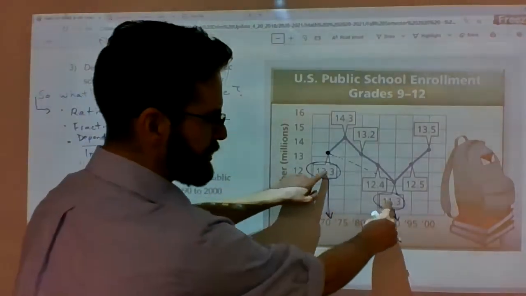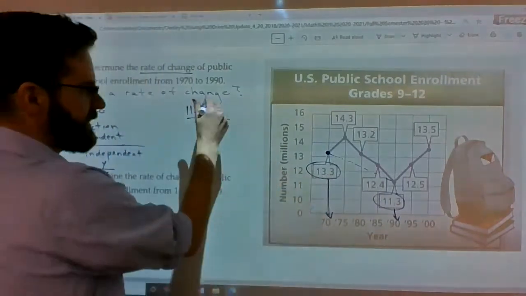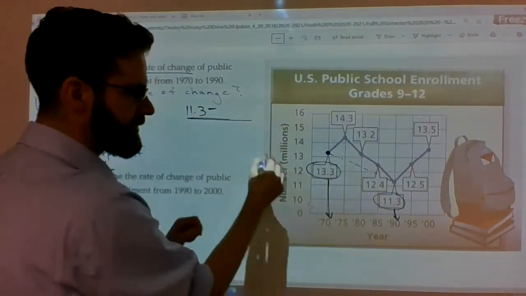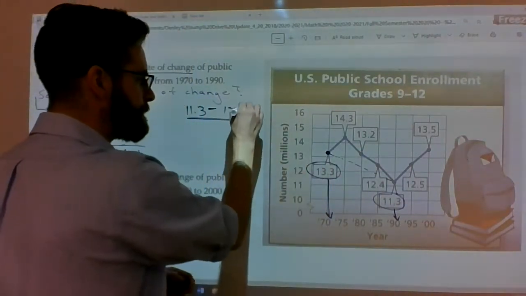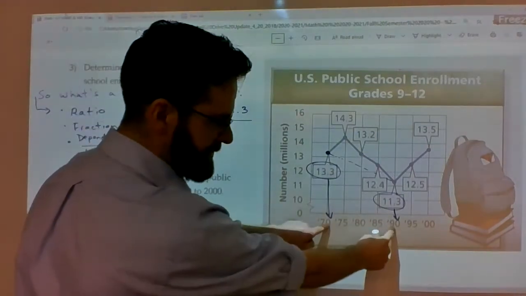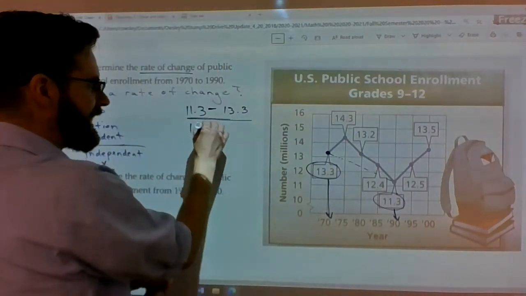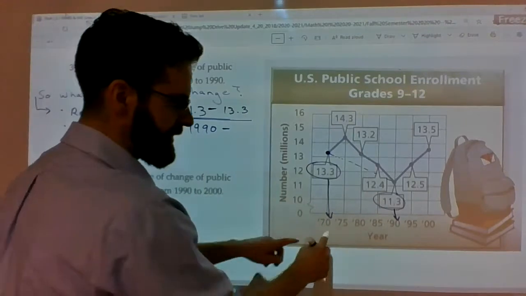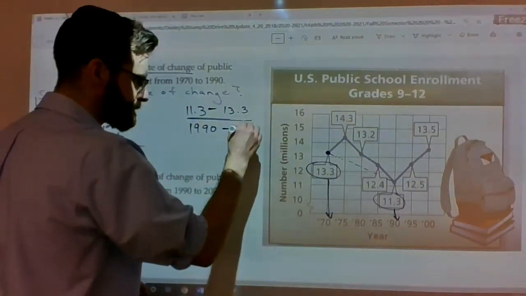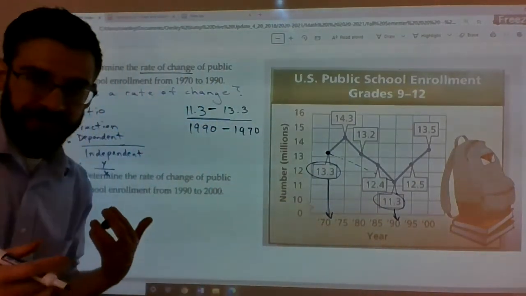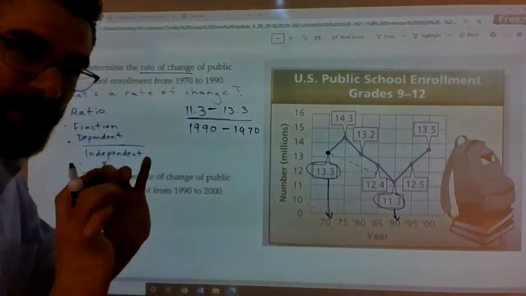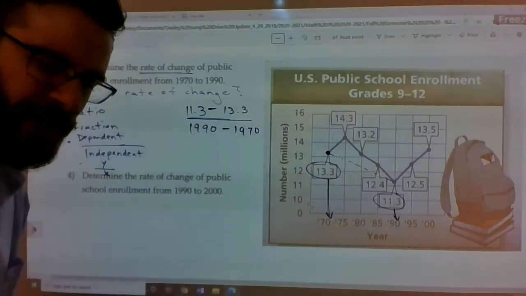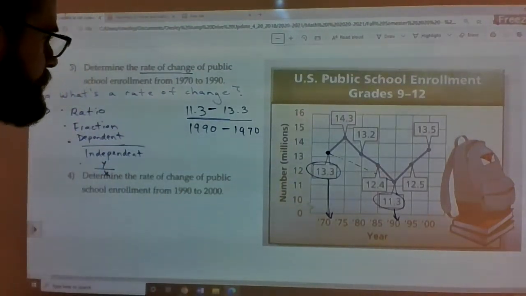And what you're going to do is you're going to say it changed difference. You're going to subtract 13.3 million and then divide by the difference in time. So 1990 minus 1970. I know this probably is a little bit overwhelming to start with, but I think you guys will get the gist of it with a few examples.